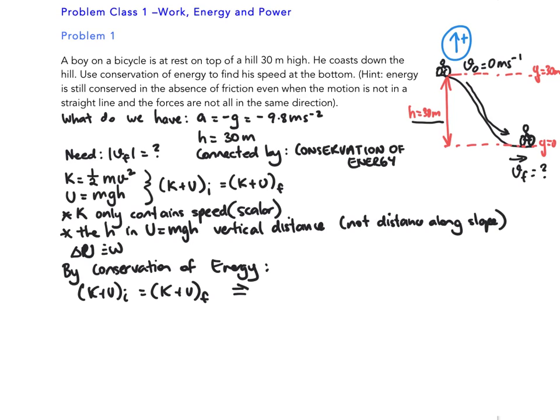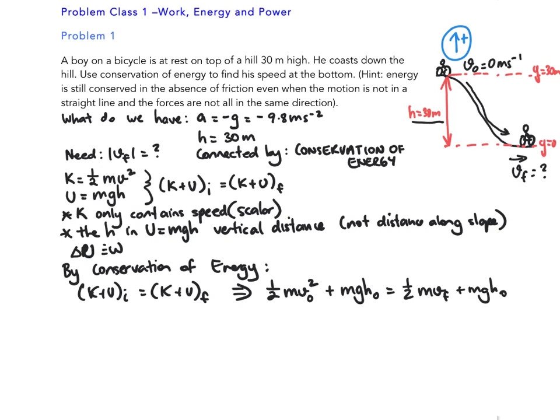So we can write this out: half m v naught squared, that's the initial velocity, plus mgh initially, equals half m v final squared plus mgh final.